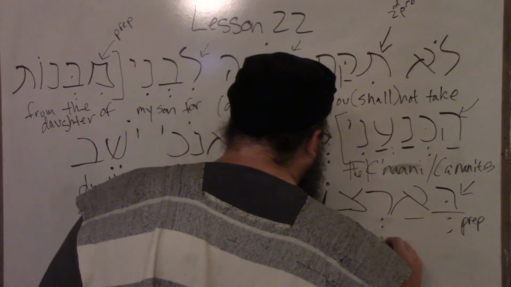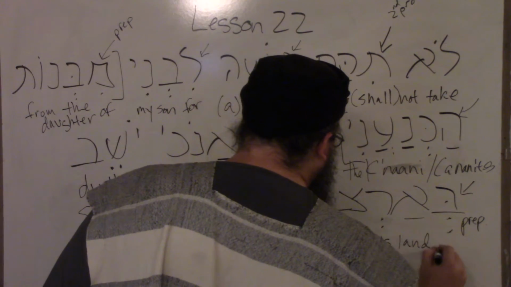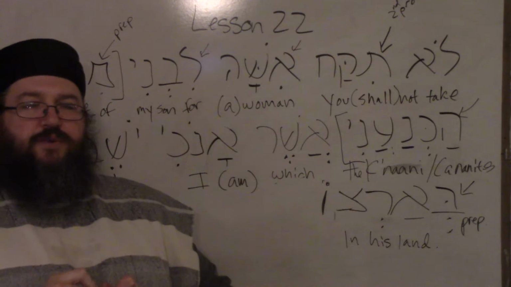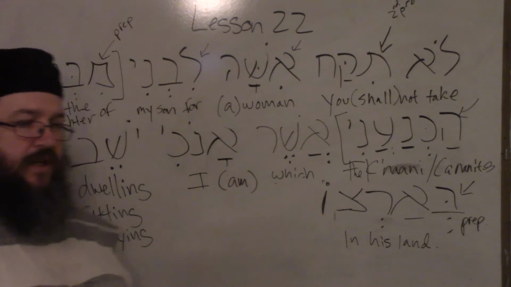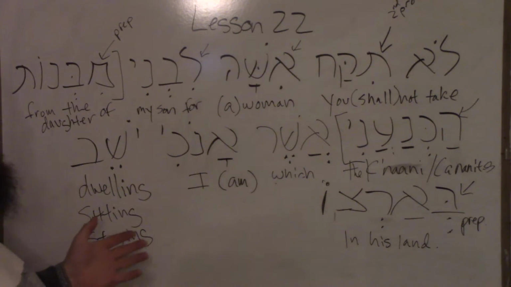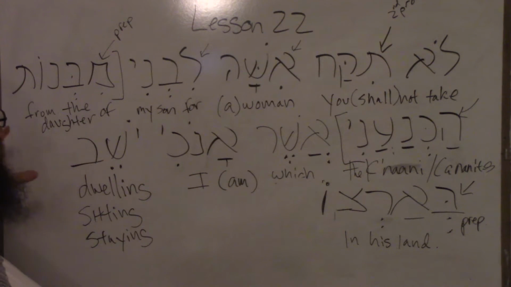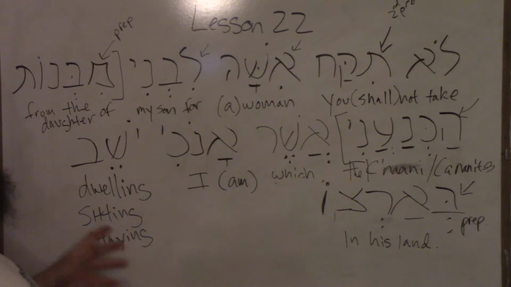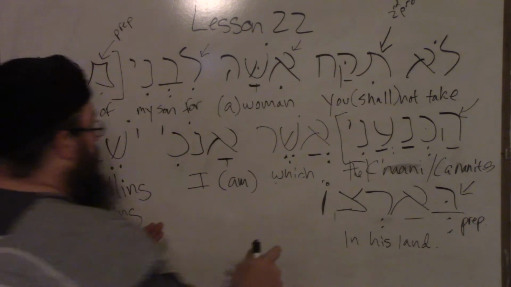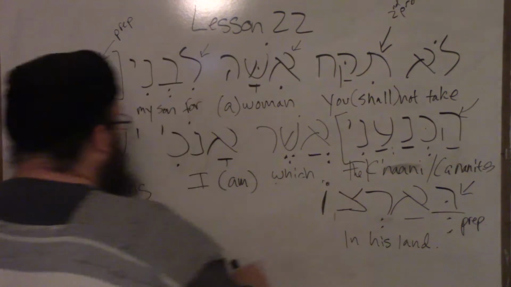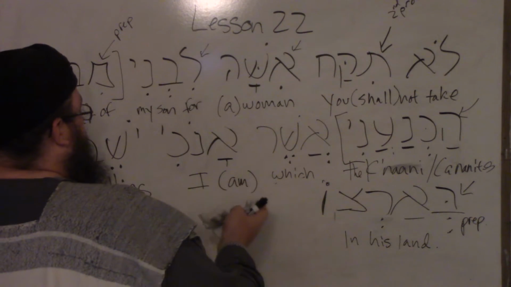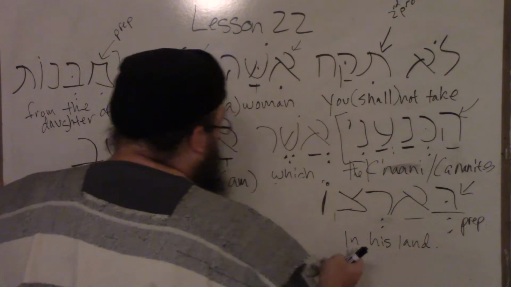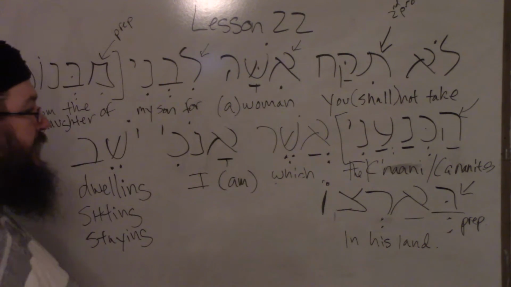In his land. Alright? So the Torah, as we see here, gives us the understanding, with relationship to the land of Canaan, that as we see in this passage, it's talking about Abraham, where he says, "which I am, yoshev, dwelling, ba'artzo, in his land."